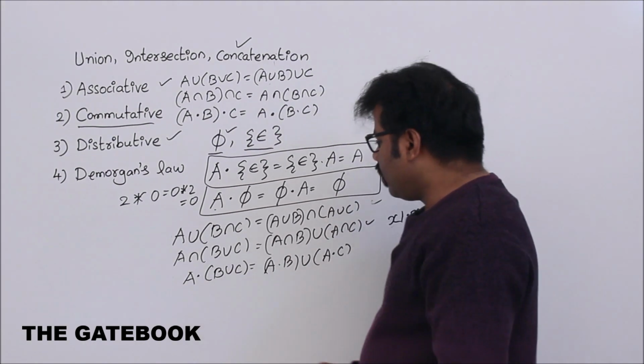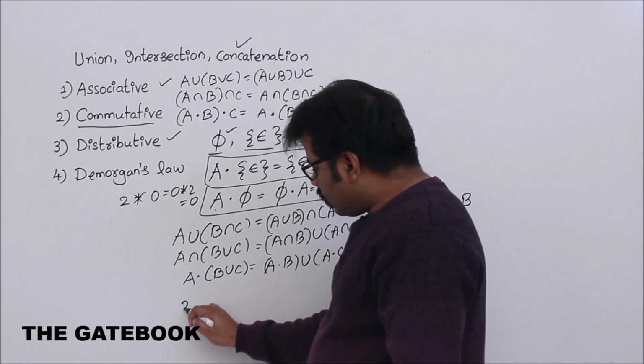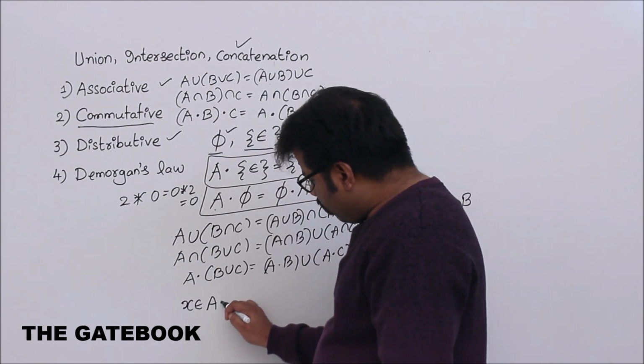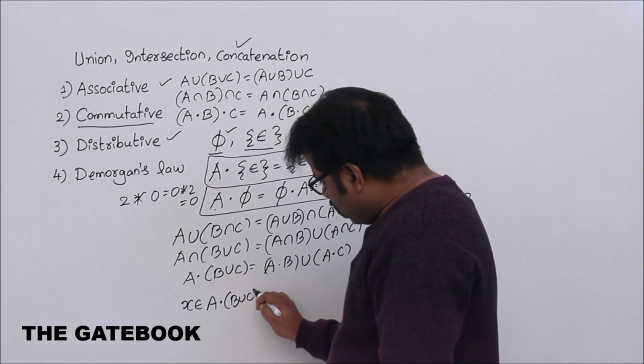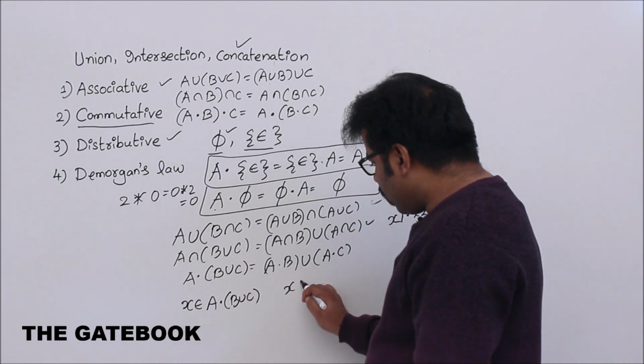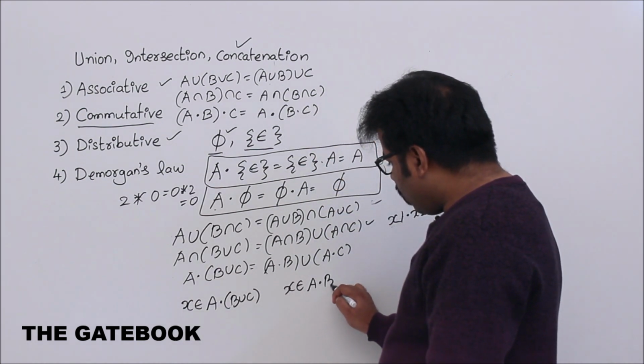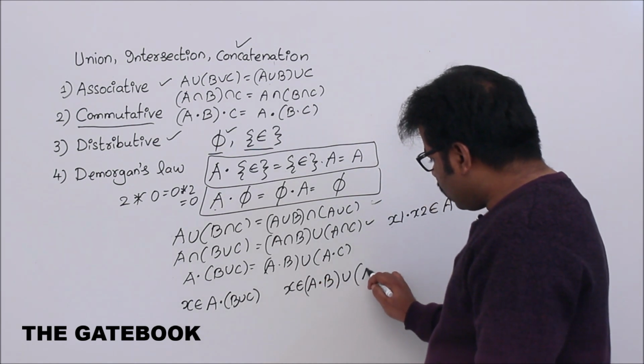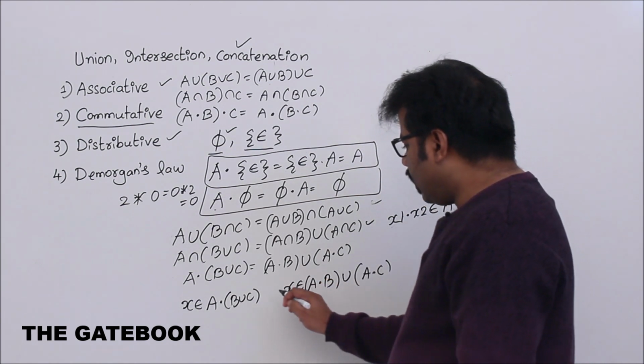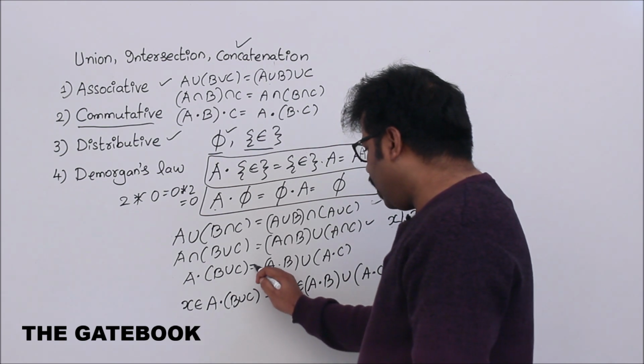Now we will prove it. If X belongs to A dot (B union C), then we have to prove that X belongs to (A dot B) union (A dot C). So that is one direction, because we have to prove the equivalence.